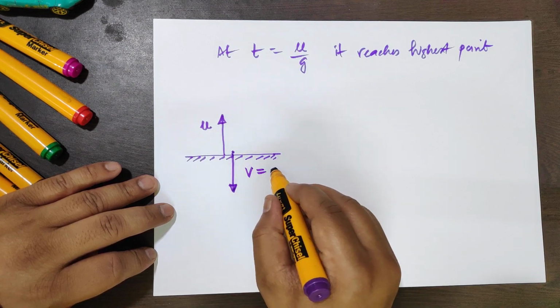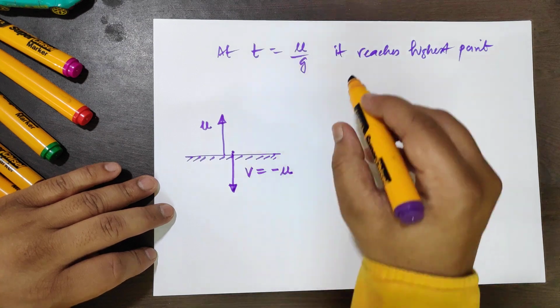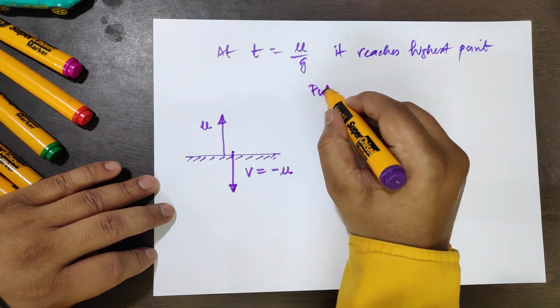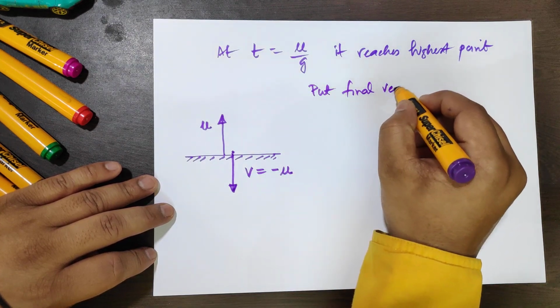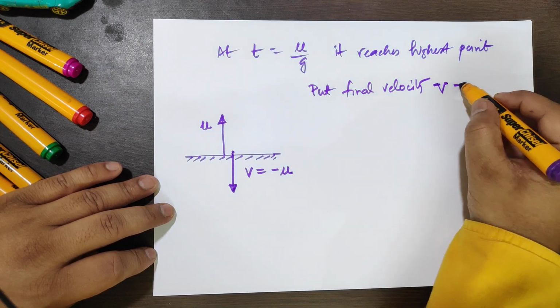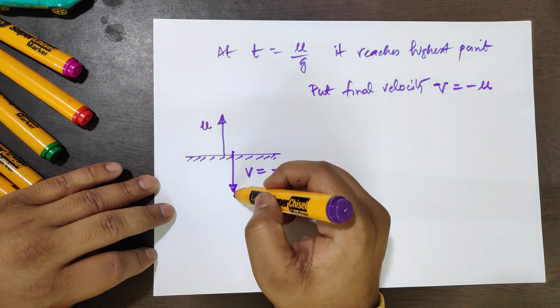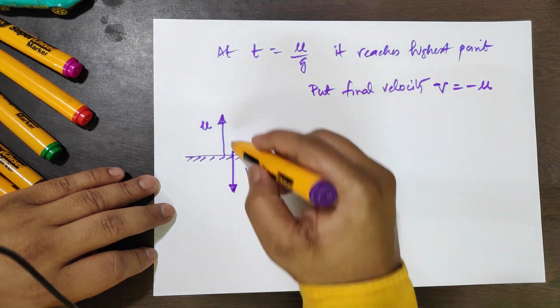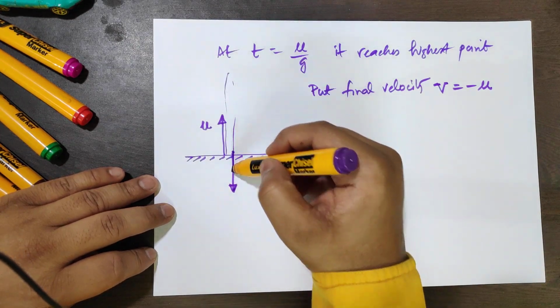So here you put final velocity v equal to minus u, so it's u but in the reverse direction, comes back with the same speed.